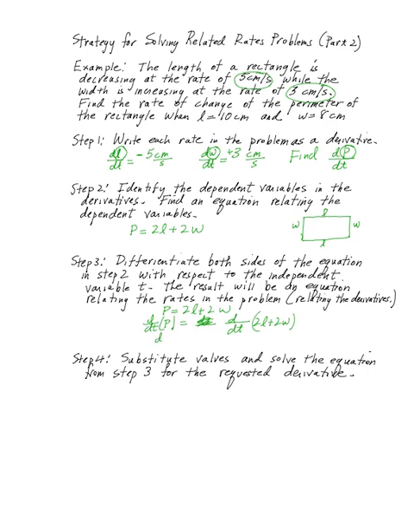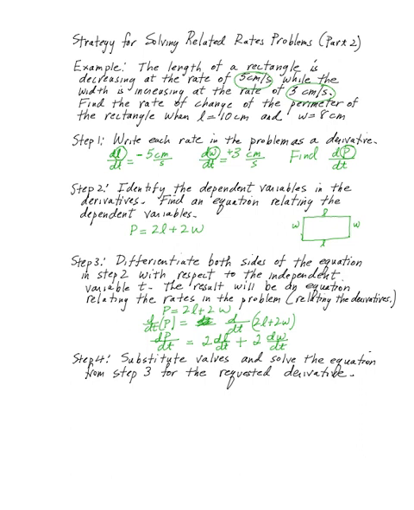Okay? Derivative of sums, the sum of the derivatives. The derivative of 2 times L with respect to t, constant multiple rule, 2 times the derivative of L with respect to t. The derivative of 2W with respect to t, again, constant multiple rule, 2 times the derivative of W with respect to t.